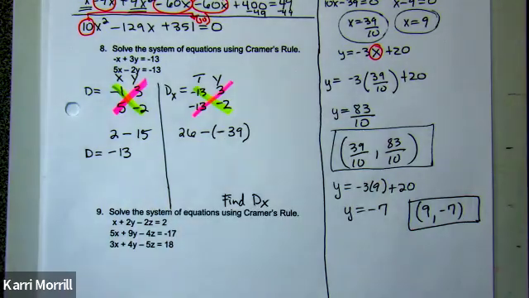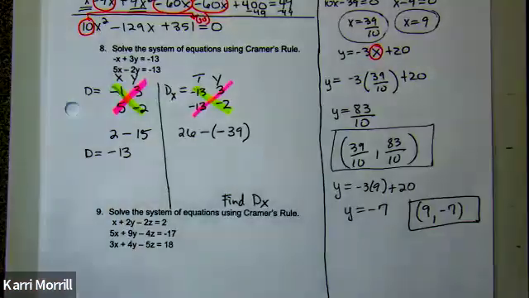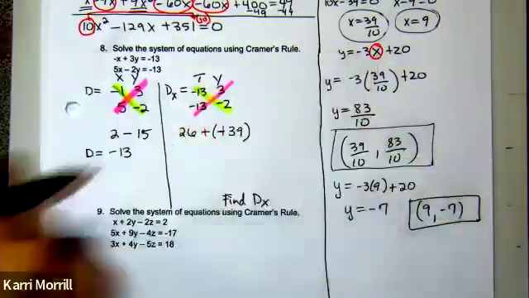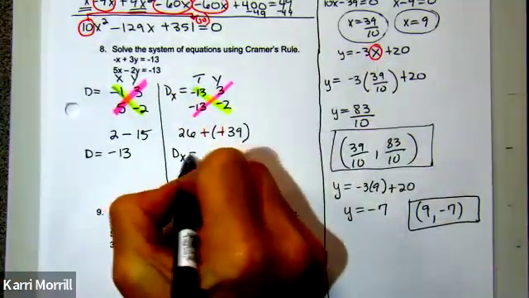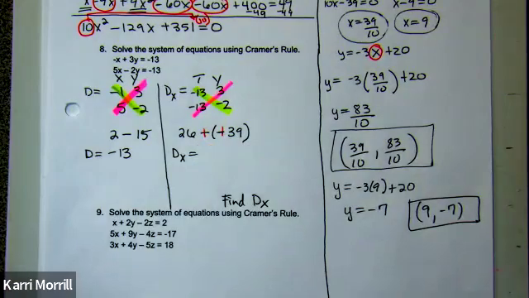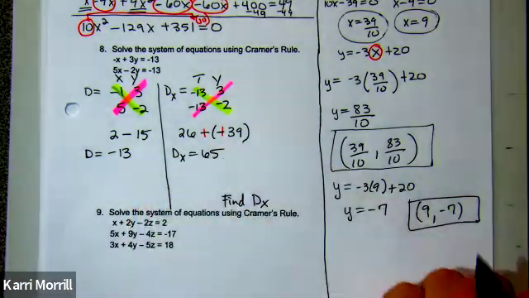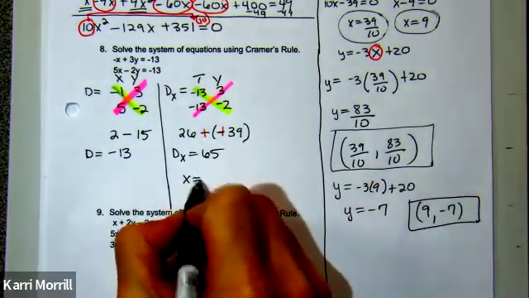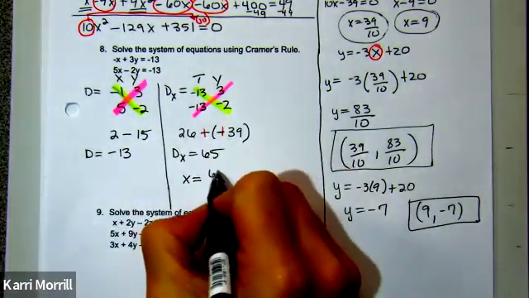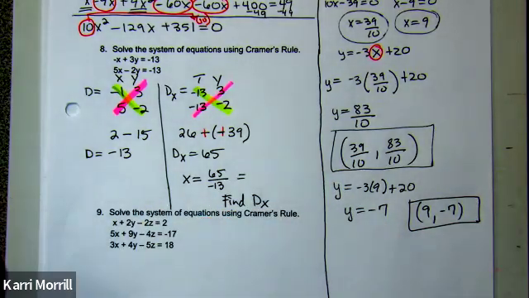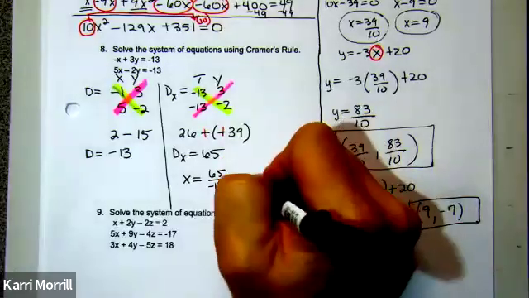So there's a lot of room for sign errors, which happens with the best of us. You know your sign rules, but it happens. Okay, so my Dx is like taking 26 plus 39, which is 65. But to find x, we would take 65 and divide it by a -13, which would be a -5.